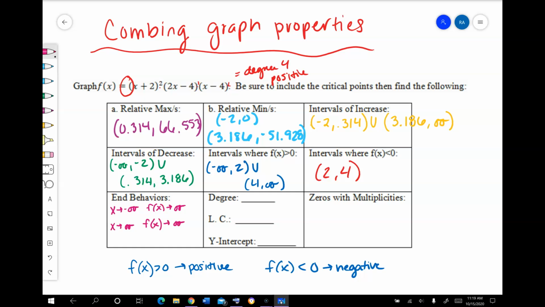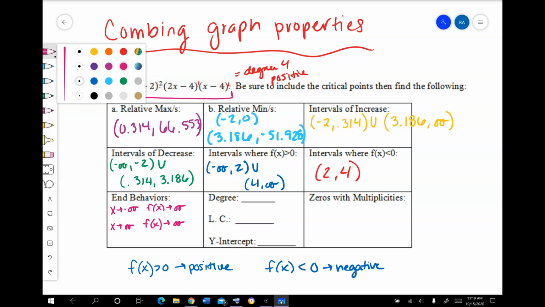Okay? And that's all you have to write. We've already said this, our degree. When in factored form, we've gone over factored versus standard, you add up the exponents. So my degree here is 4. Leading coefficient is positive. We already said that.